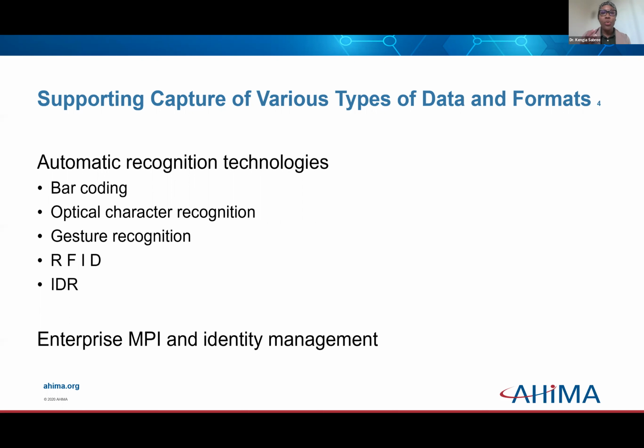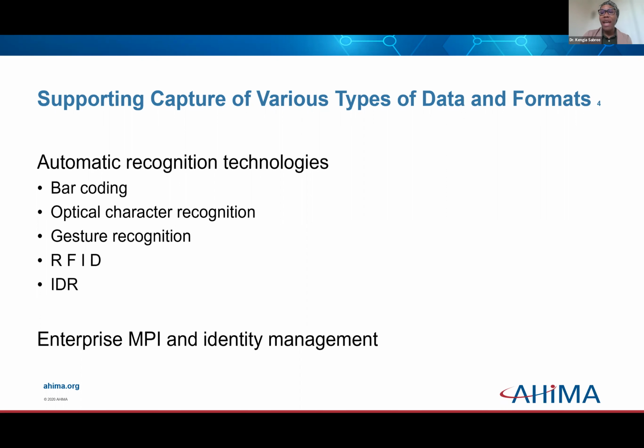Okay, so next up is automatic recognition technologies. There are several types of automatic recognition technologies, which can be grouped into two categories. Character and symbol recognition technologies, which includes barcoding, optical character recognition, which is OCR, another OCR, right? Not the Office for Civil Rights, and gesture recognition technologies.